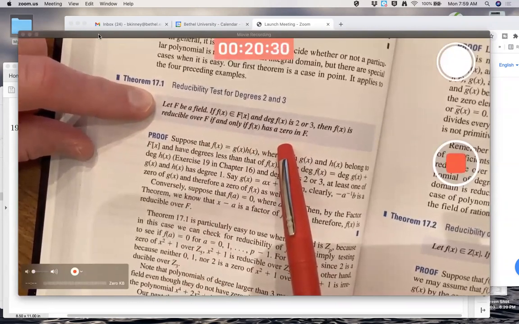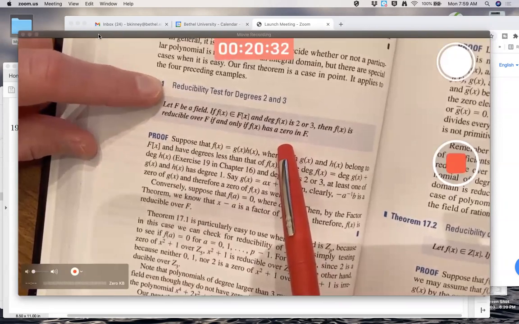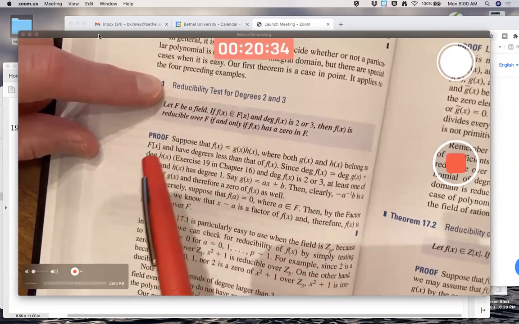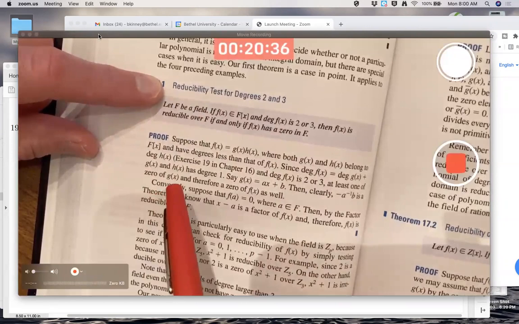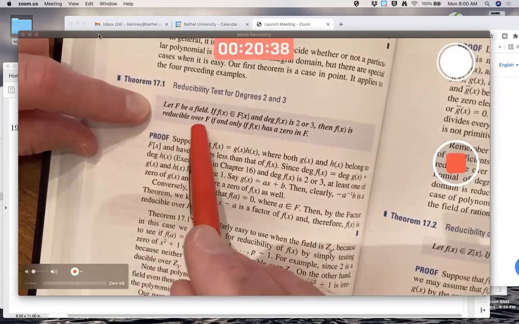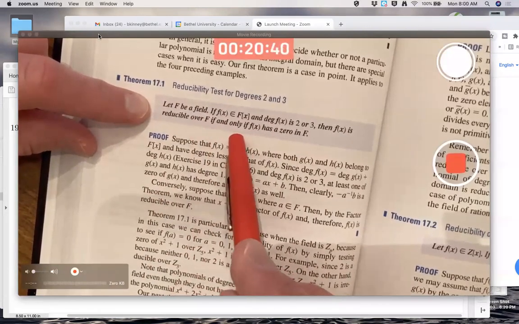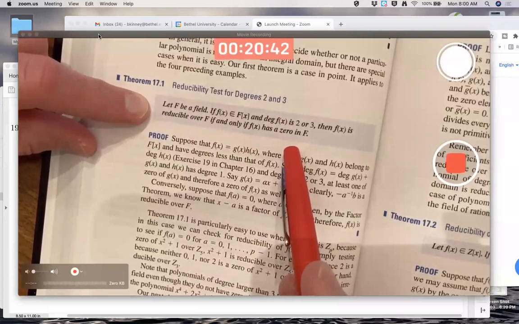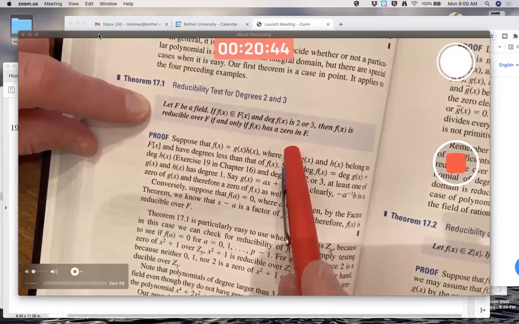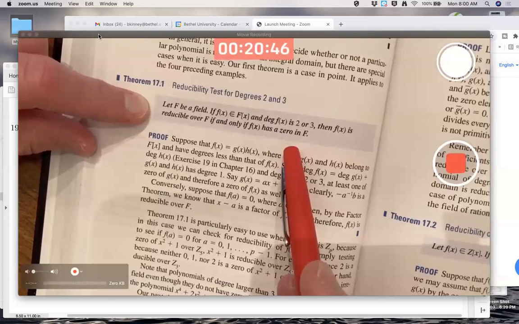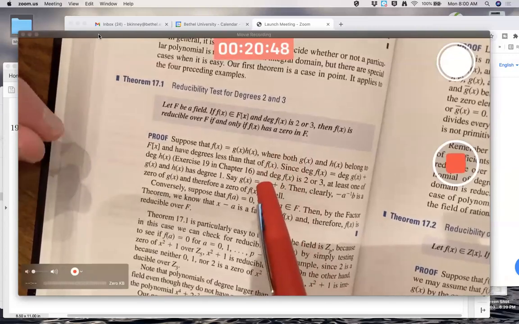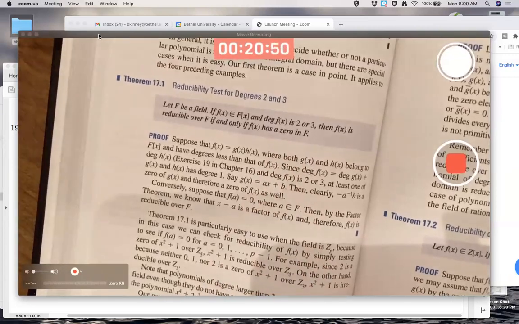And since this is an if and only if, even though it's called a reducibility test, it's also an irreducibility test. You could also say it's irreducible over F if and only if it does not have a 0. Make sense? Essentially, with an if and only if, if you negate both sides, you still get a true if and only if.